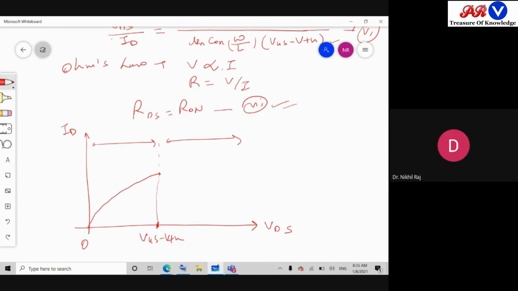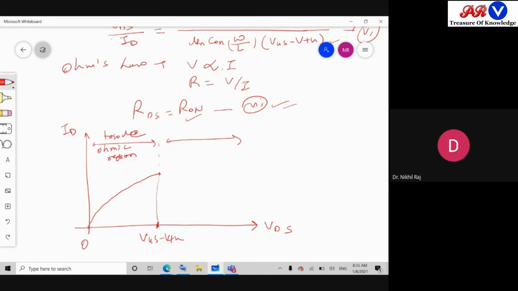So in this region it is behaving like a resistor. Since it is behaving like a resistor, we say it is the ohmic region. Another name is triode region.